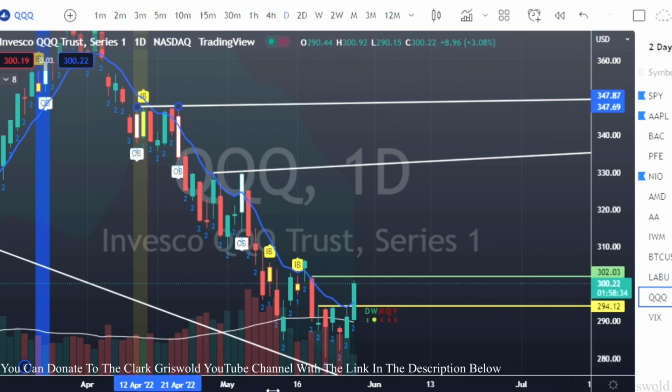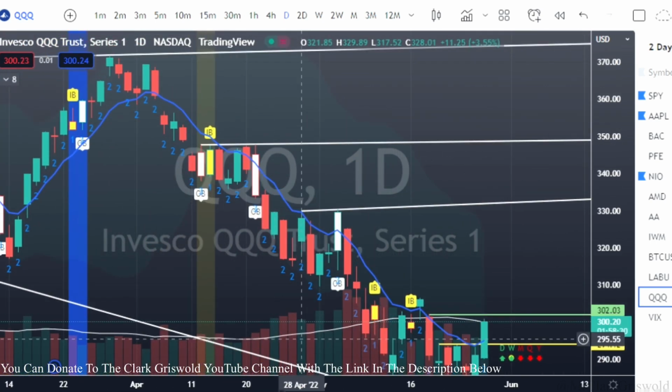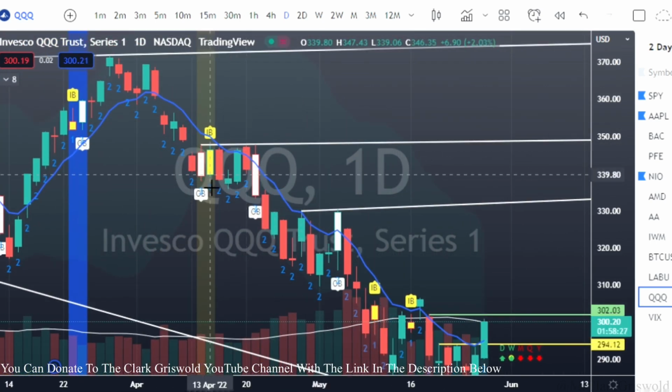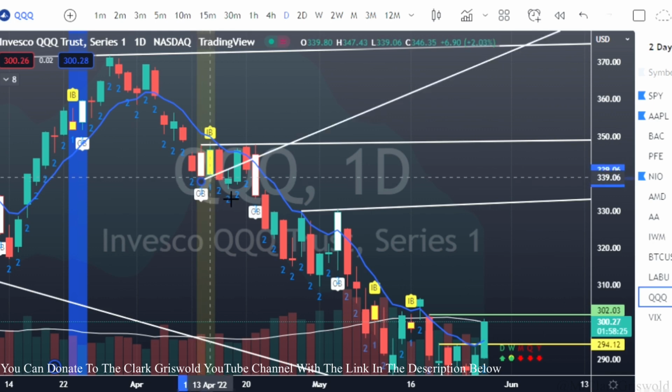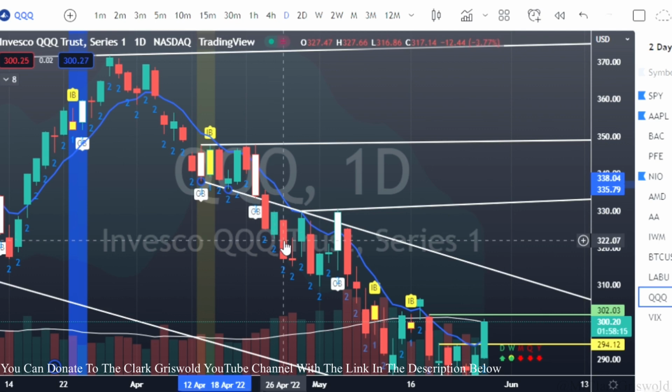These become a little bit more tough, but here to here. Okay, and then you look, here's your broadening formation. High to a low, to a high, to a low, to a high, to a low, and then we break through. Okay, that's your broadening formation.